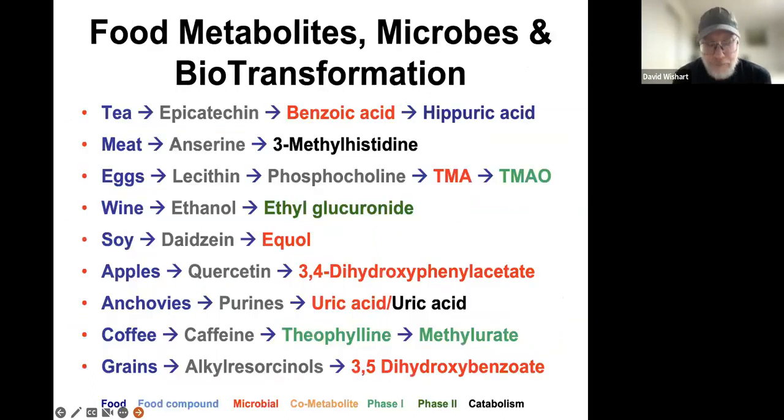I showed this diagram earlier about the different food biomarkers, how hippuric acid or TMAO represents a marker for egg or tea consumption. But I've also colored here how these compounds are transformed and how particularly the red ones represent microbial products.